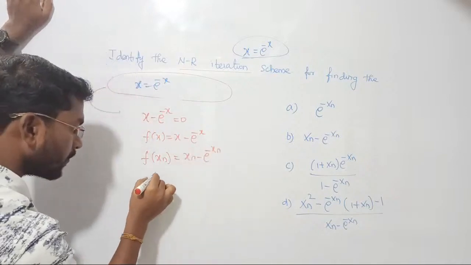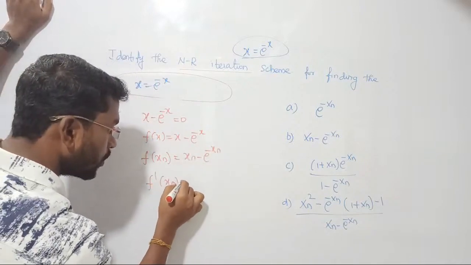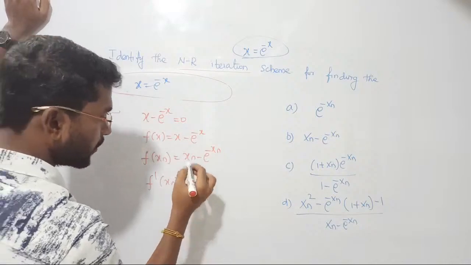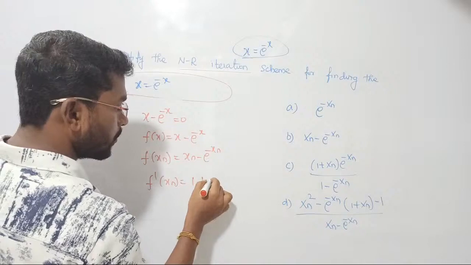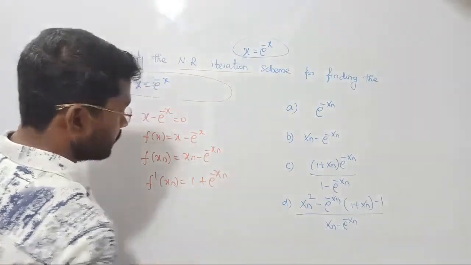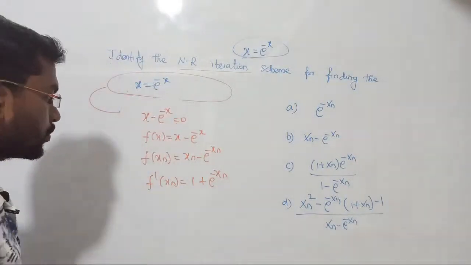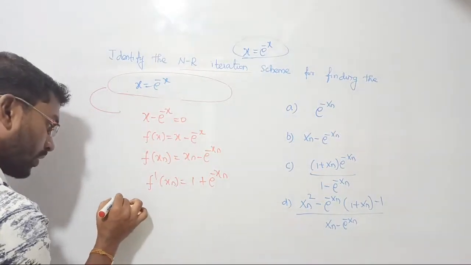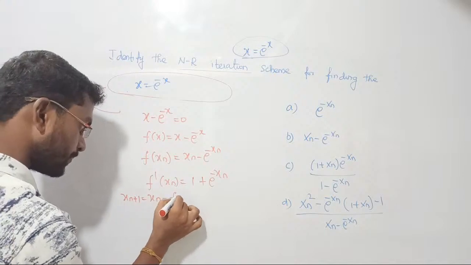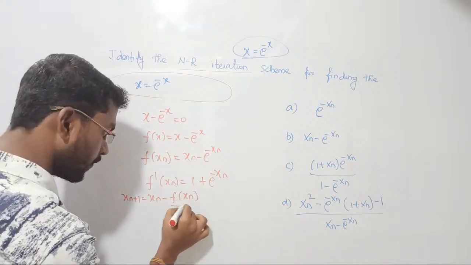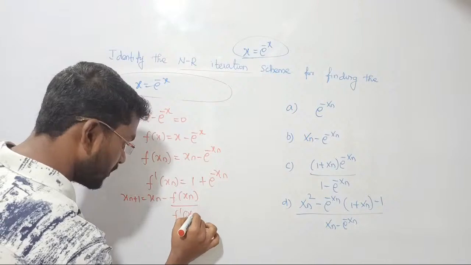We can write f dash of xn: differentiating with respect to xn, you are going to get 1 minus e power minus xn, differentiating it becomes plus e power minus xn, right? We got all values, just substitute in your formula. The Newton Raphson formula is xn plus 1 equal to xn minus f of xn upon f dash of xn.